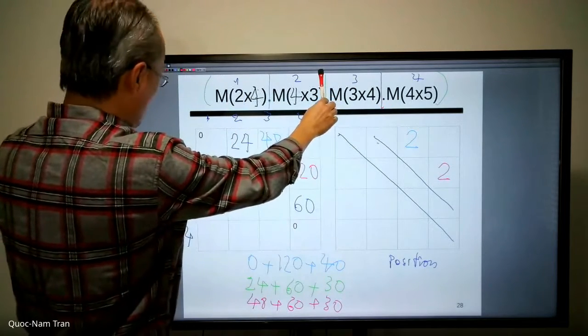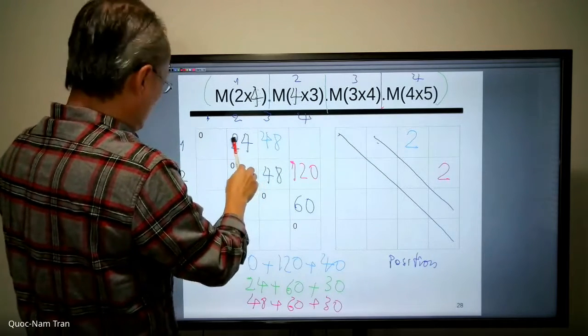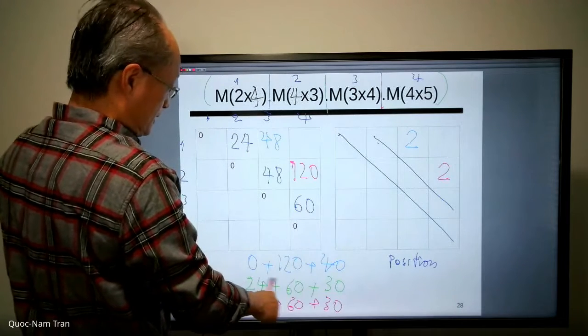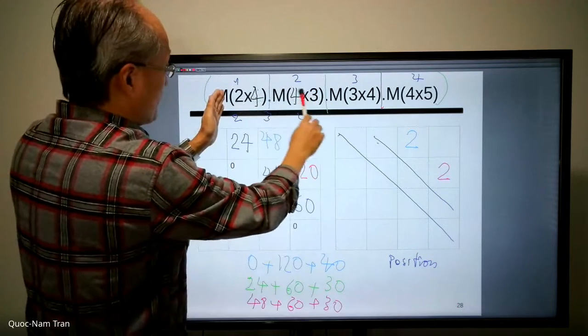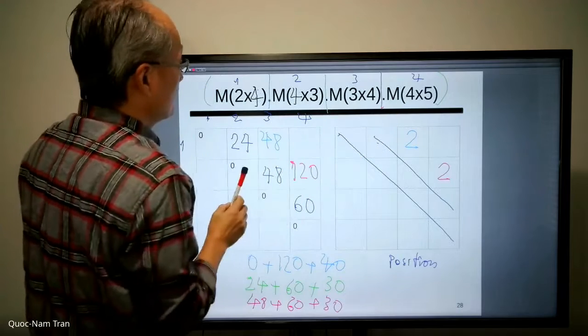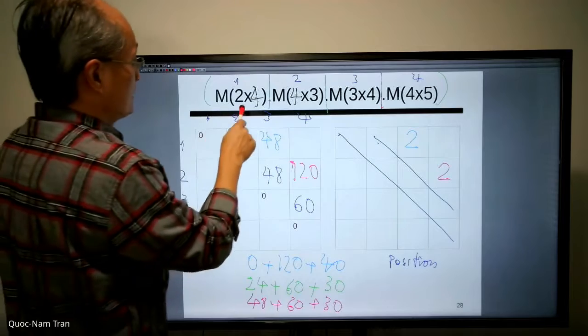This one, 1 to 2, 24, and then 3 to 4 is 60. Right? And then the cost of multiplying them, 2 times 3 is 6, 6 times 5, 30, right? Okay.